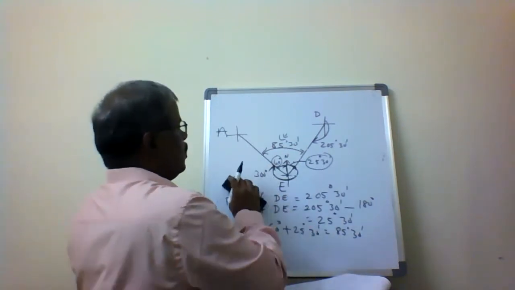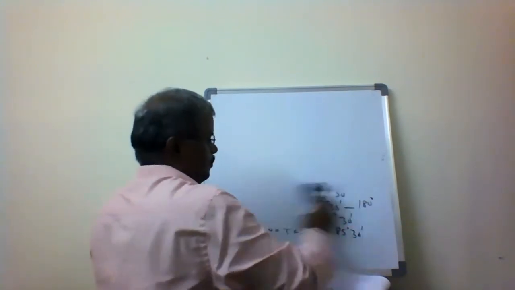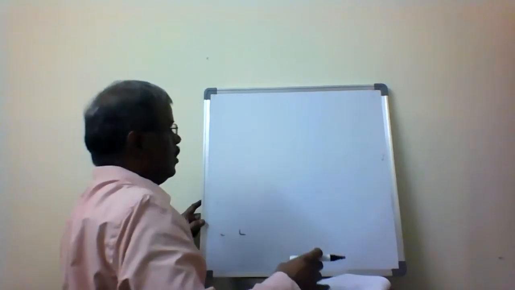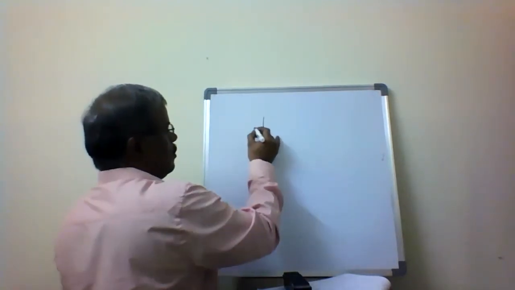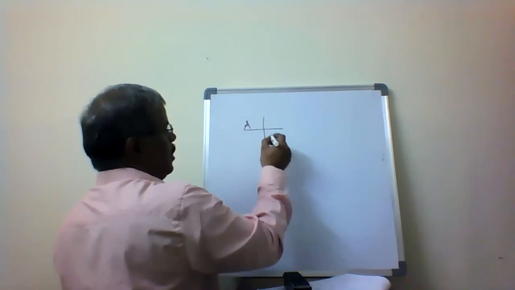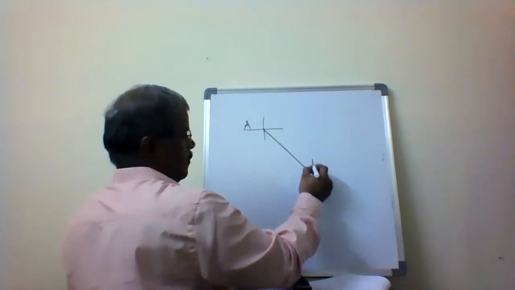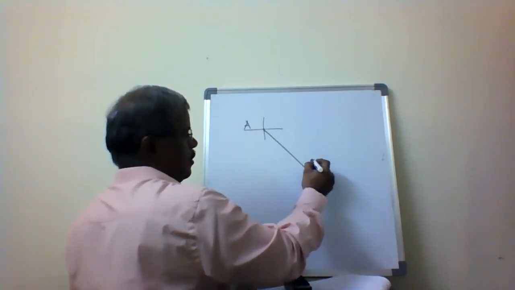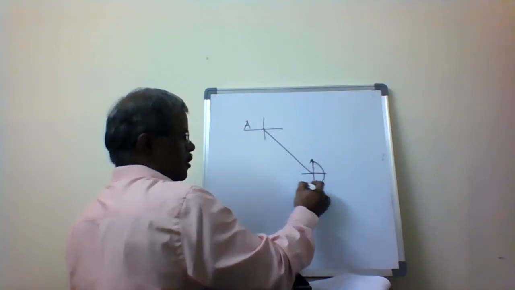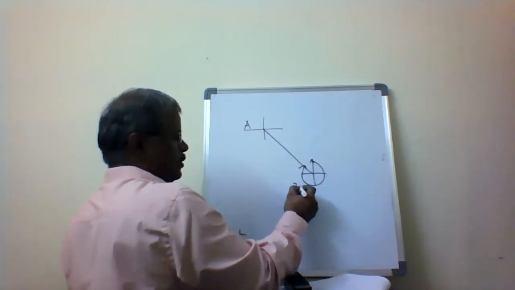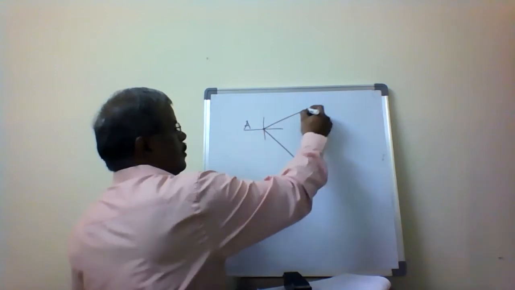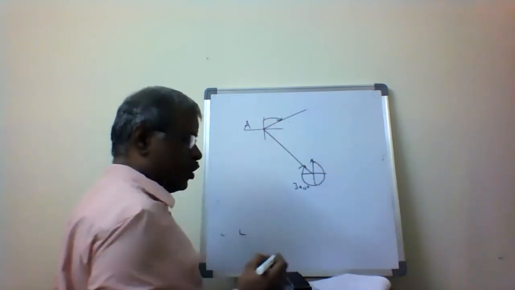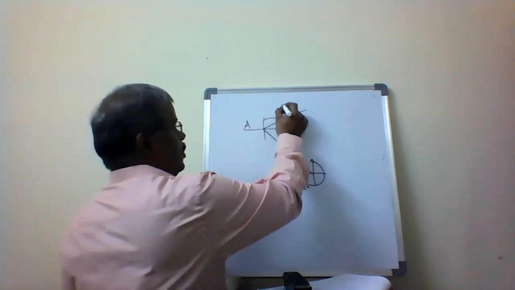Now from E to A and A to B. Coming to the junction, point A, this is 300 degrees. A to B is given as 60 degrees 30 minutes.